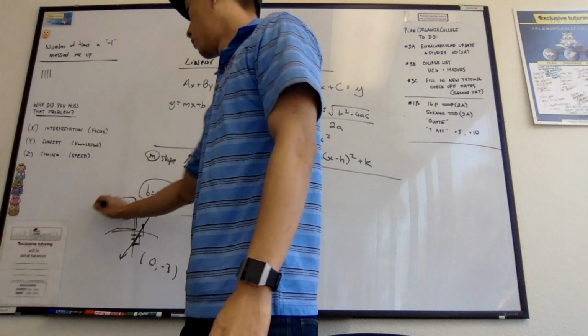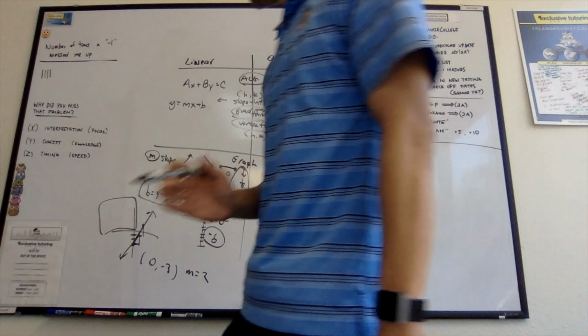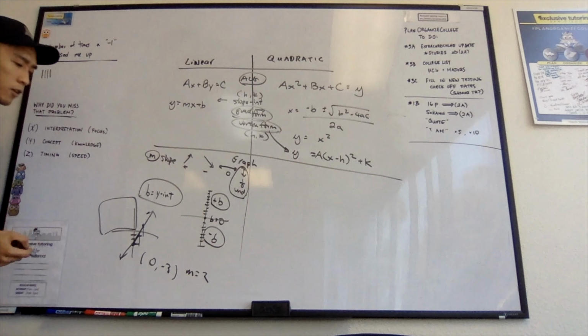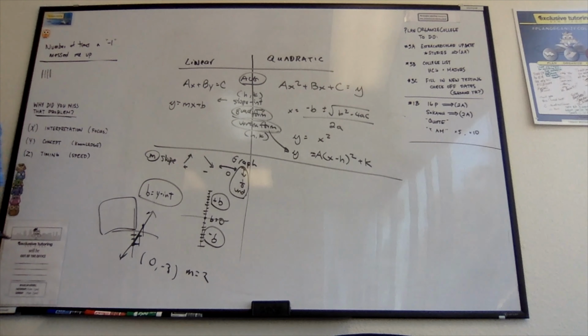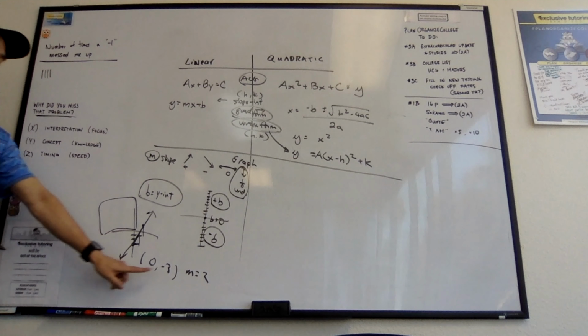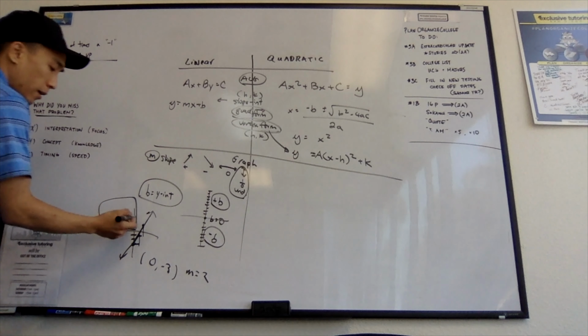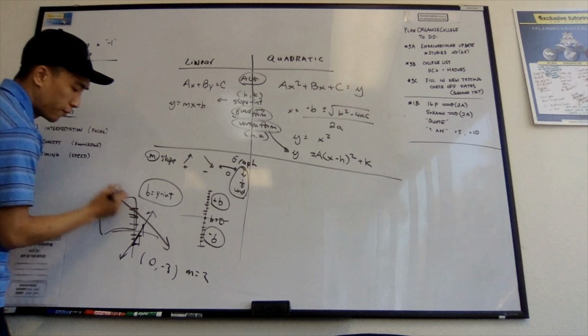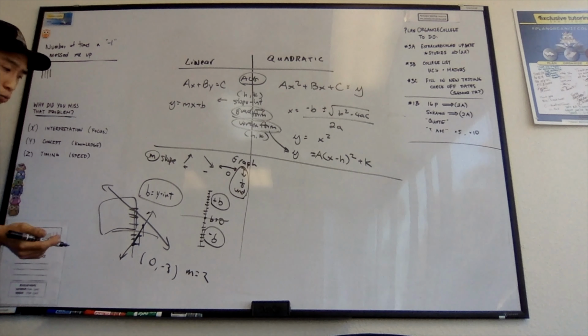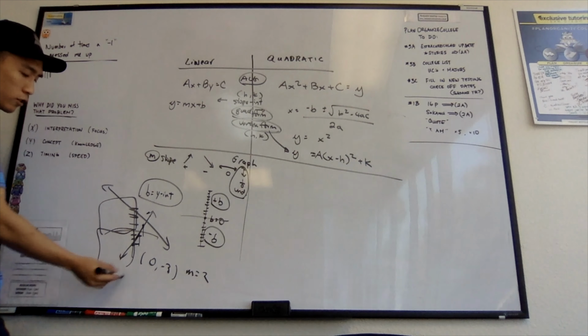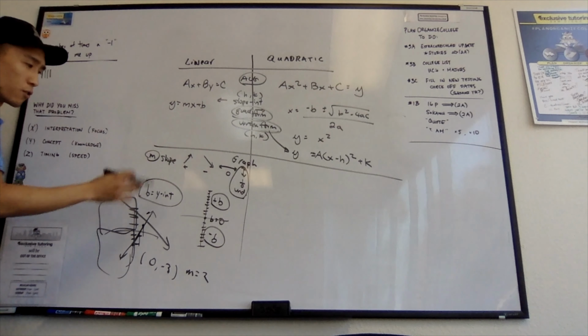Quadrant 2. That makes sense? They like to ask you this kind of stuff. What is the value of b? Negative 3. Okay, pretty straightforward. So if they ask which quadrant it will never touch, this will never touch the second quadrant, okay? So they'll ask you things like that.